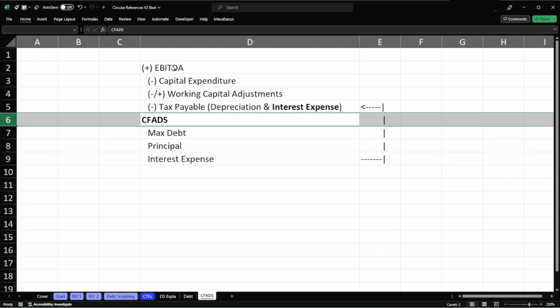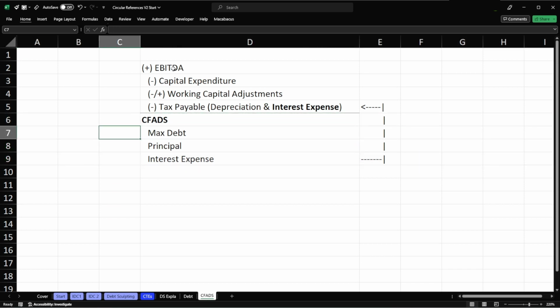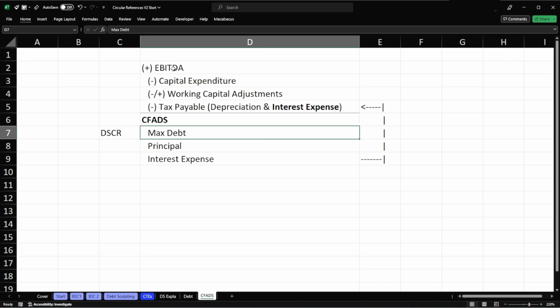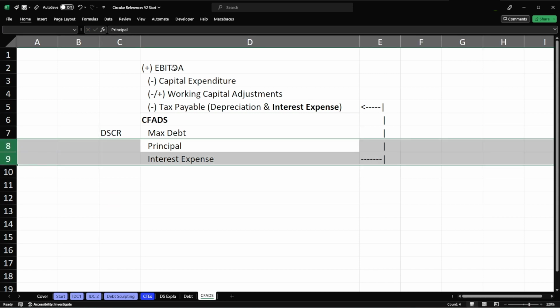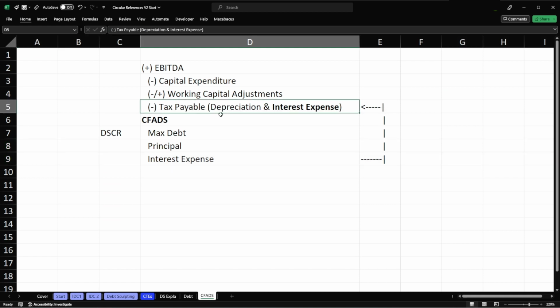So with the CFADS, we're then going to use the DSCR to calculate the max debt service, which is the principal plus interest expense. But remember, the interest expense goes back to your tax payable. The more interest expense you have, the lower your tax payable is going to be.